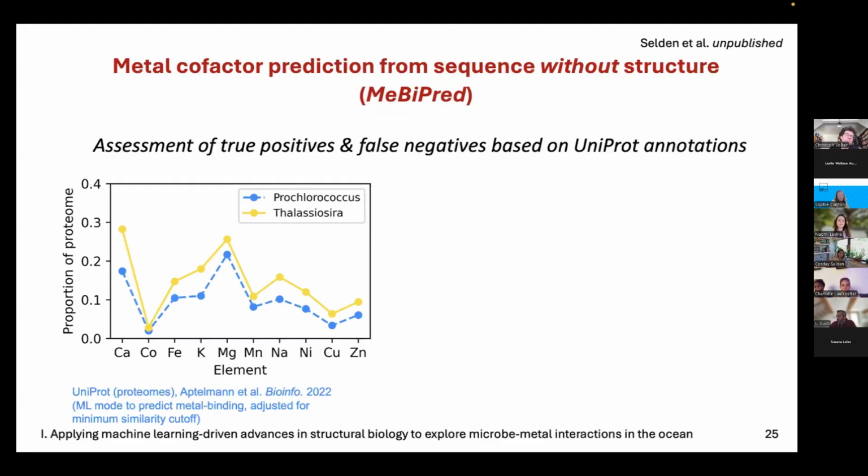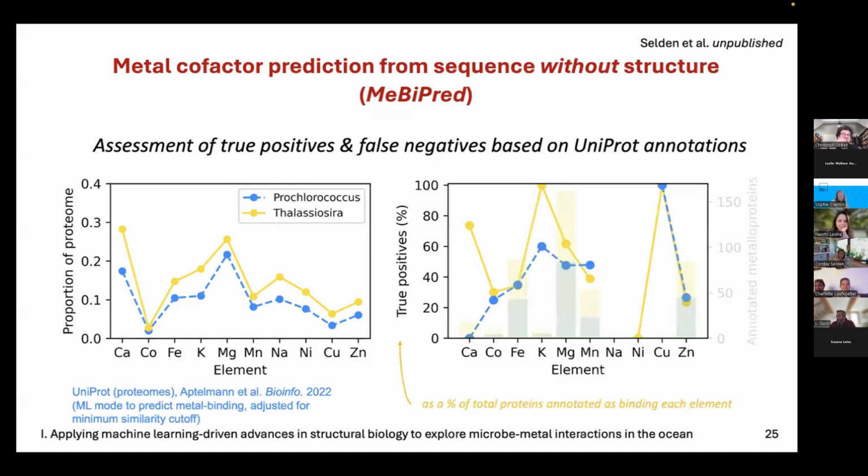This plot is the same as the one that I showed you a moment ago, but I'm very sorry, I've reorganized the x-axis and it's alphabetized now. Here, we're looking at the percent of true positives out of the total proteins annotated as binding each metal shown. Off the bat, we can see some troublesome variability, with less than half of the known iron and zinc proteins being correctly identified here.